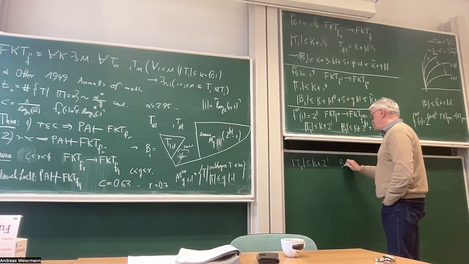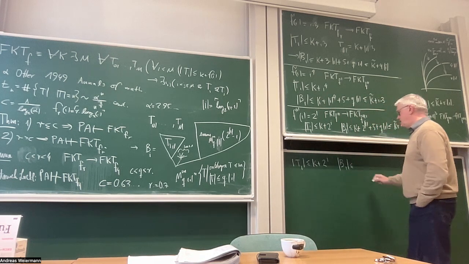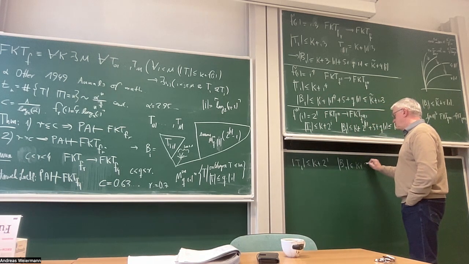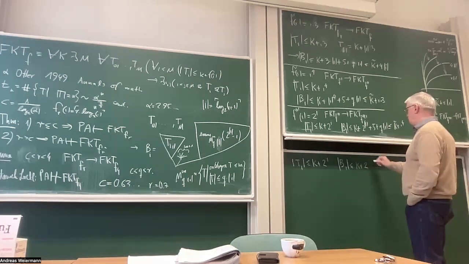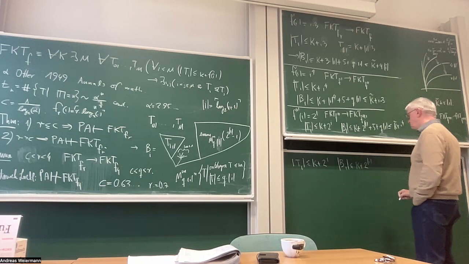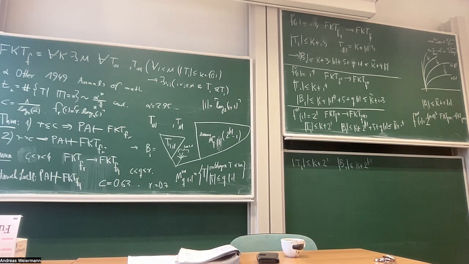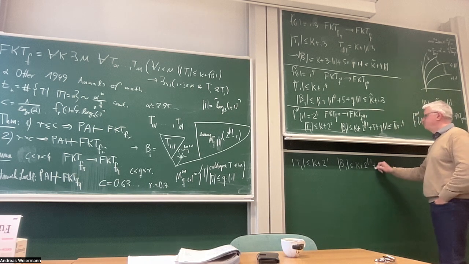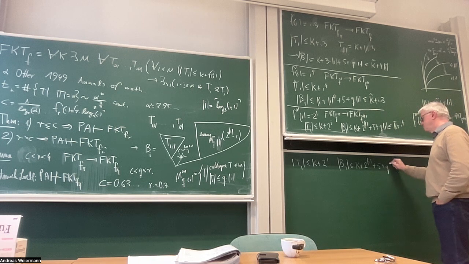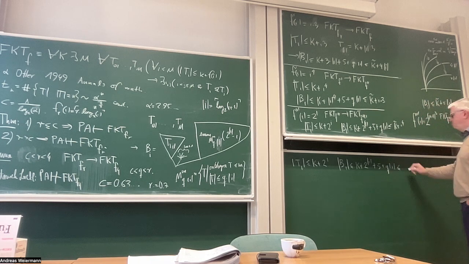What can I say about the D of i? It is bounded by k plus 2 to the length of i. So trivial, right? So there's a way.